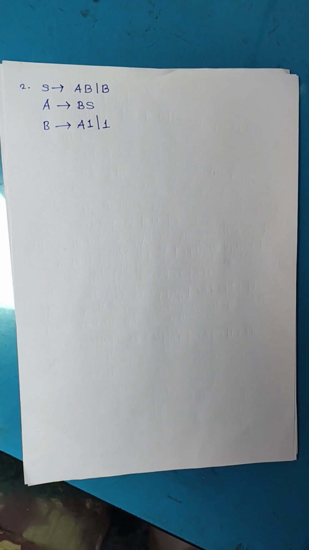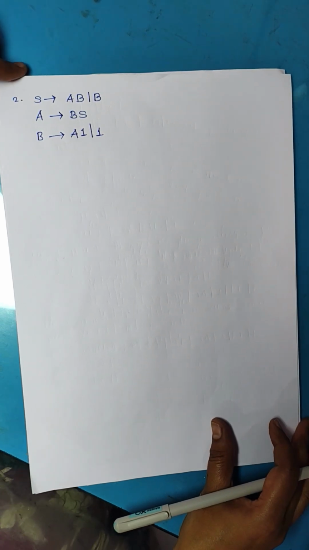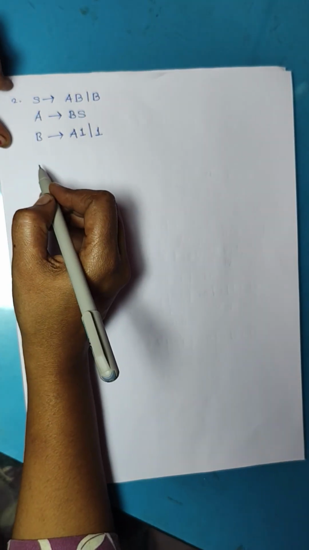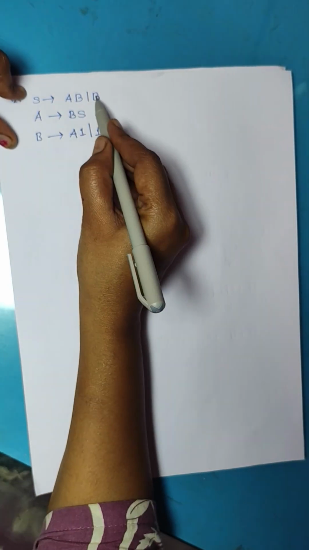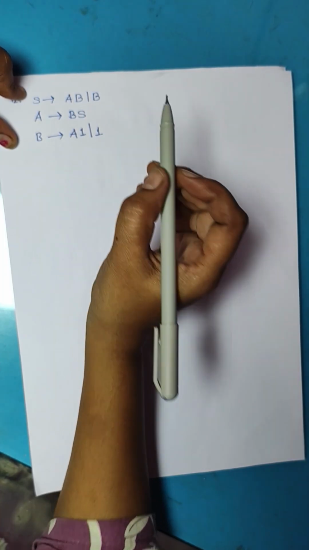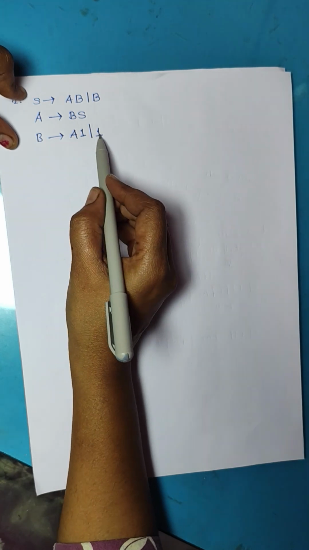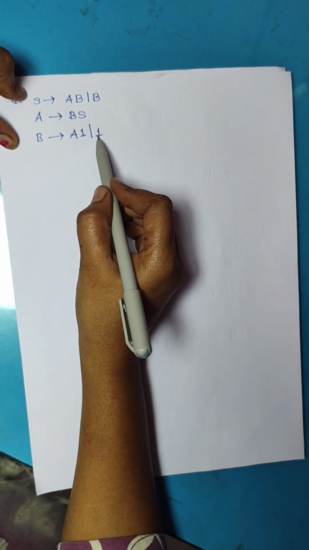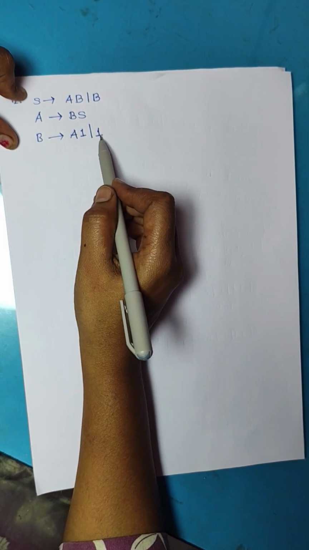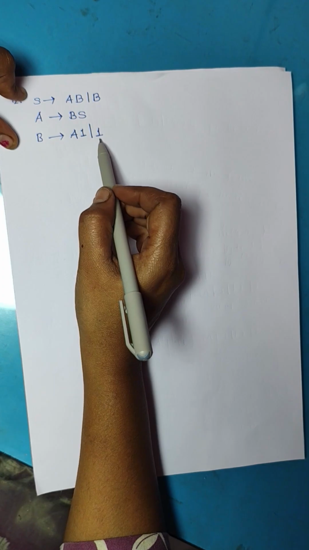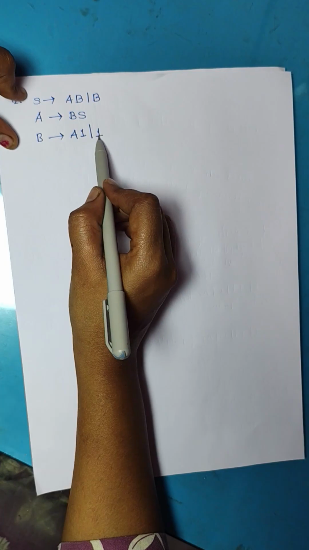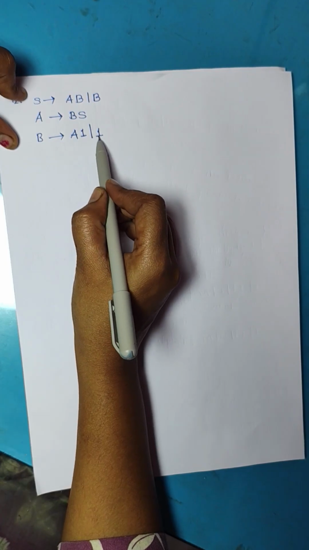The non-terminal which contains a unit production is only S, because S contains a single non-terminal, that is B. We cannot say that B contains a unit production because 1 is a terminal symbol. The definition of a unit production says there is a single non-terminal symbol on the right hand side of the production. It is a terminal symbol, that's why it is not a unit.